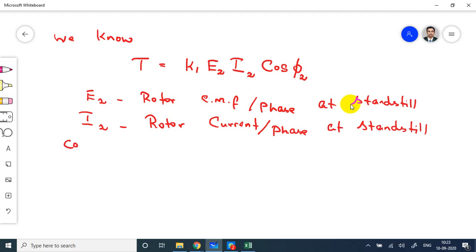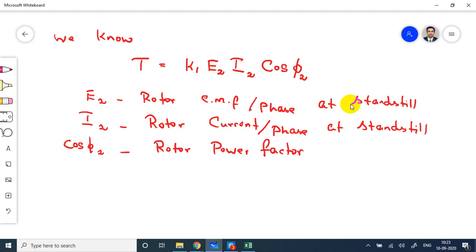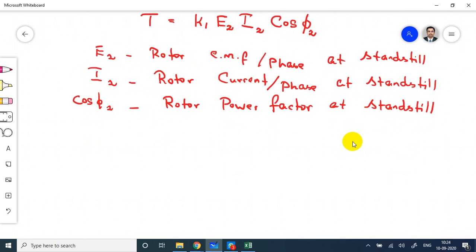And cos phi 2 is the rotor power factor at standstill. In yesterday's class I explained how to find these E2, I2 and power factor values during standstill condition. Now we will just recollect it.